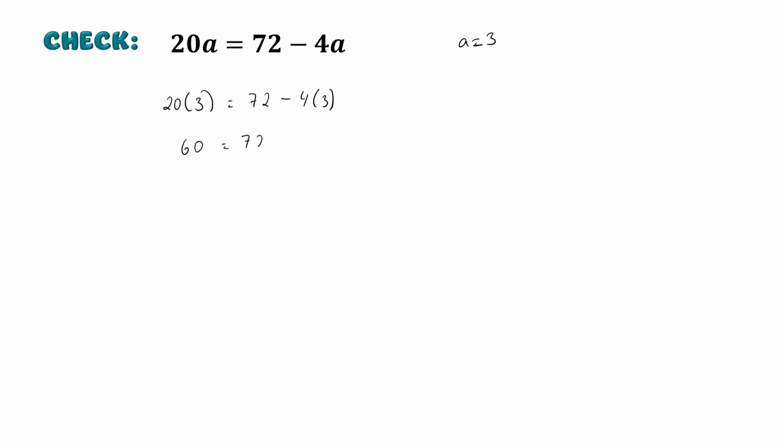And we have 72. We're going to work with our 4 times 3, which will be equal to 12. And 72 minus 12 will equal 60. Okay, so we see that both sides of the equation equal the same thing. So a equals 3 is the correct solution for our equation.